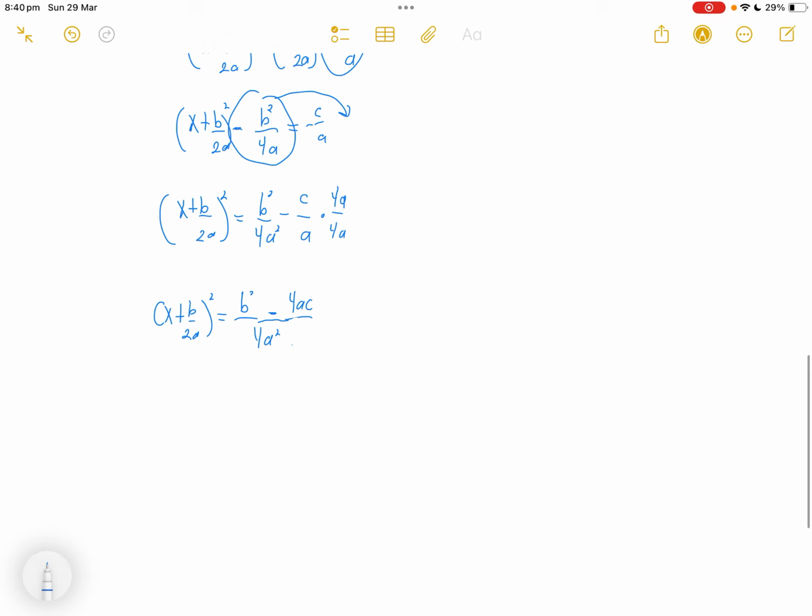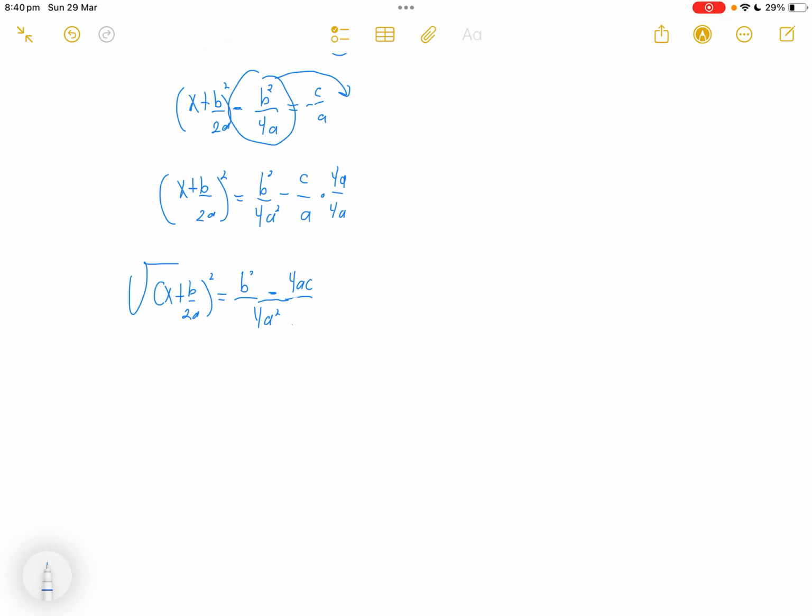And now we can square root the perfect square. It can be square rooted, except for this part. And again, when you take a square root out of anything else, it would be an absolute value. So the square root of 4a squared is going to be 2a.